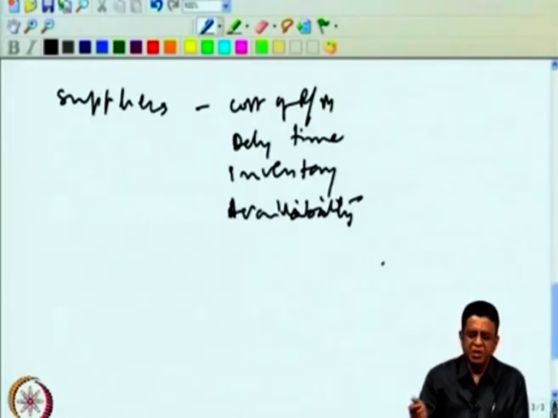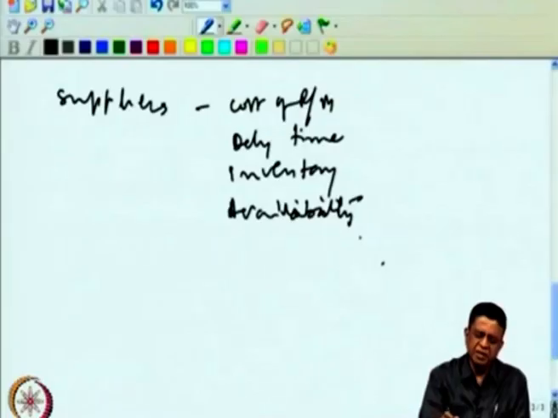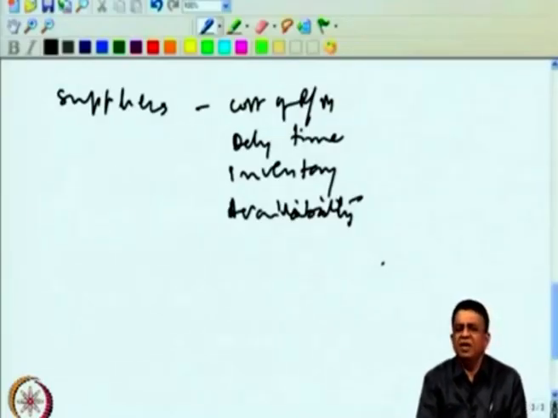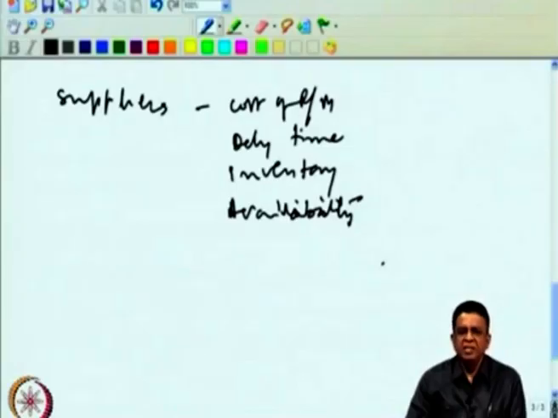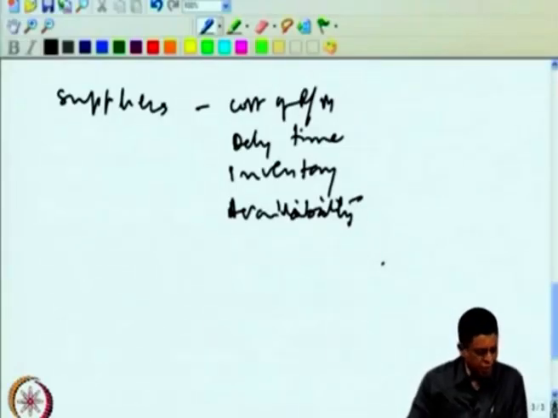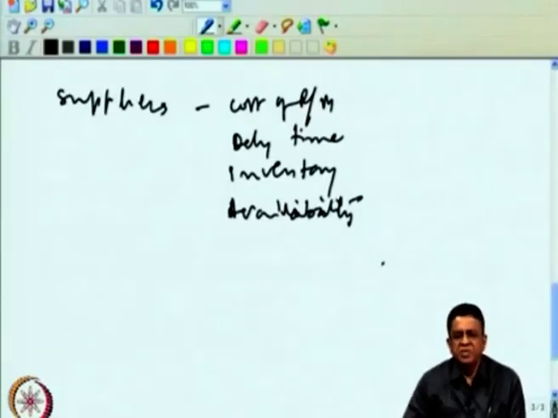So, the availability of the raw material is not in doubt at any point of time for the company. It is made available so that the production line is not in any way hampered or its operations are not brought to a halt, that does not happen.